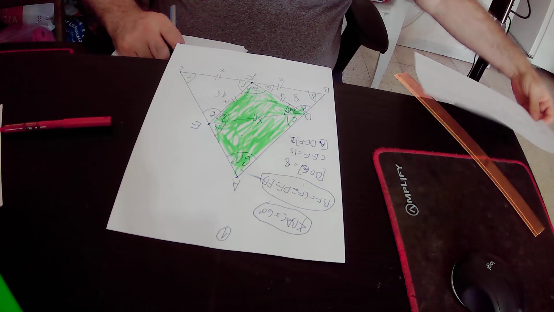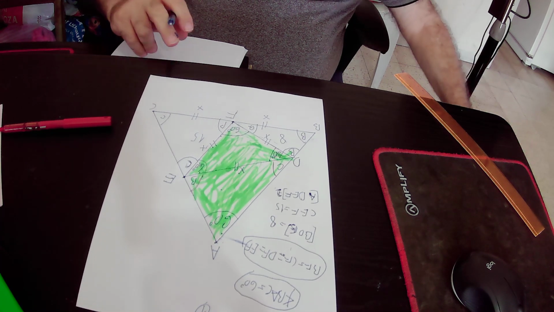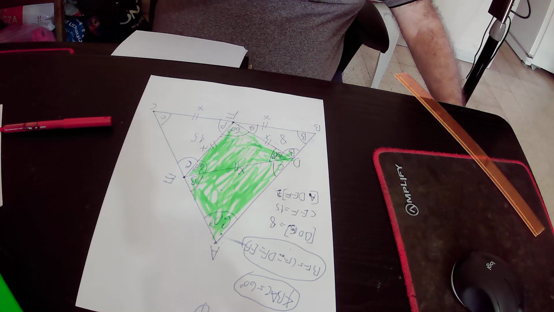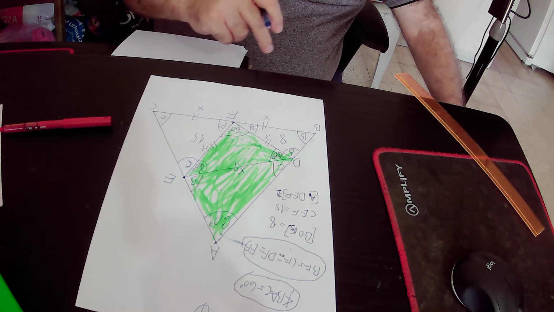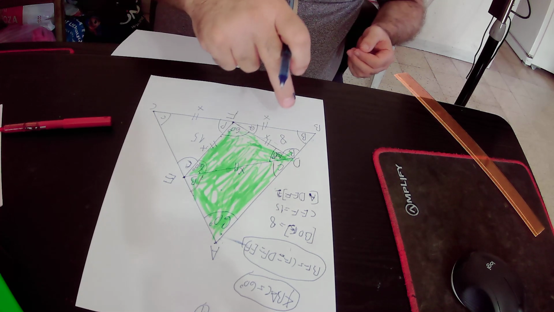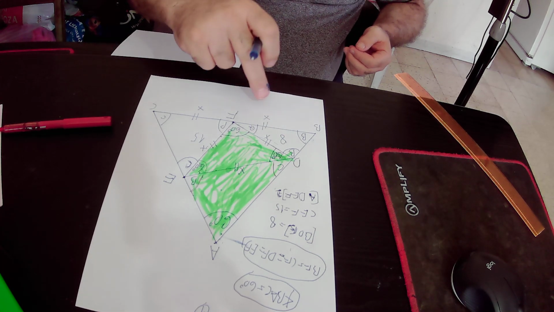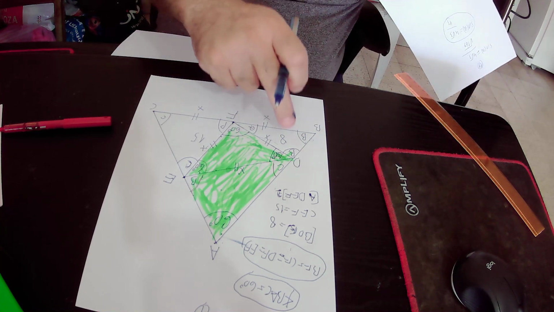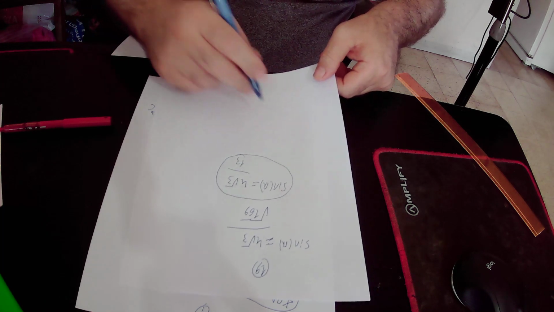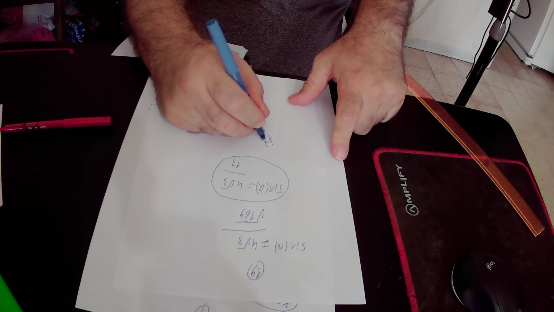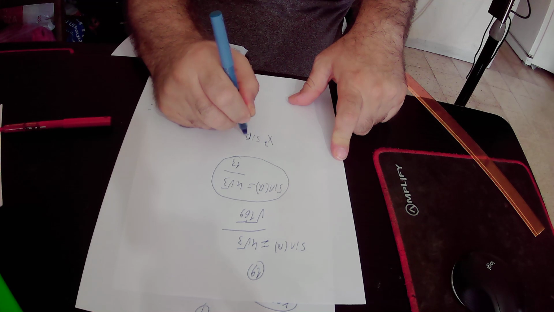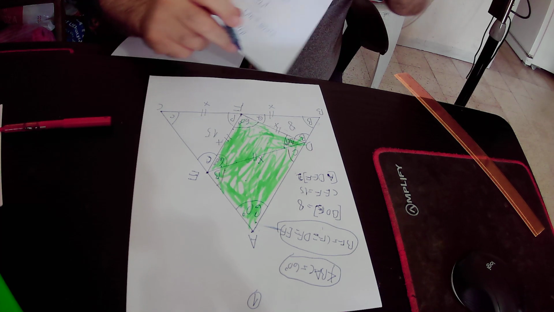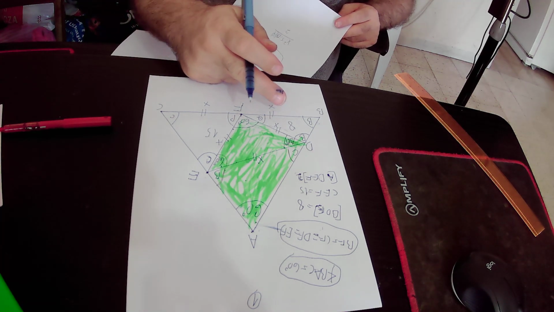After we found out the value of sine q, we will calculate again the area of triangle BDF according to the formula that I presented to you. The area of triangle BDF equals x times x, that is x squared, times sine q over 2. But it is given in the question that the area of triangle BDF is 8 square units.